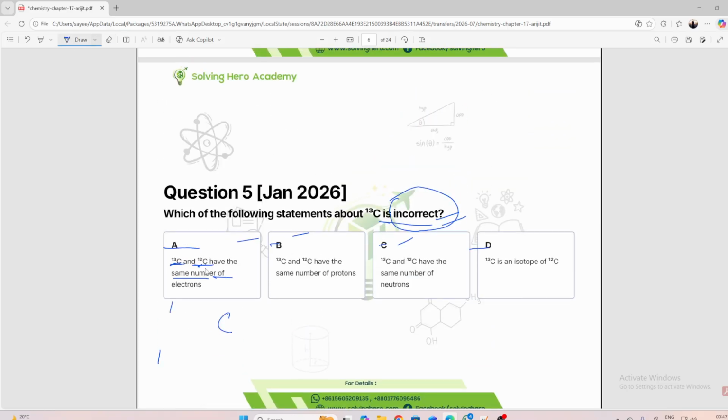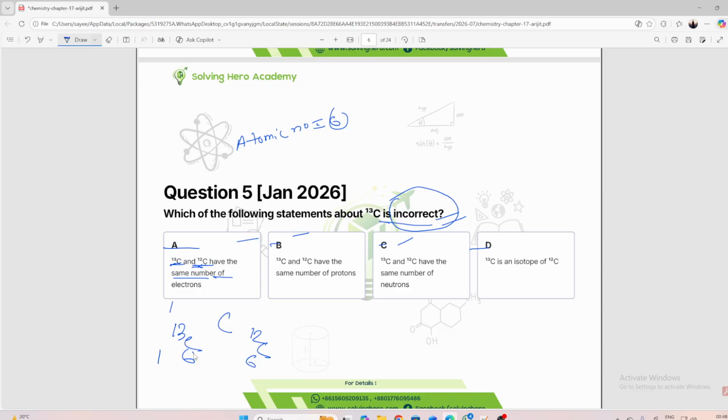So this 13 carbon and this 12 carbon both have proton number 6. Am I clear? Because the atomic number, for this carbon and this carbon, what is the atomic number? We know that the atomic number equals 6. Am I right?